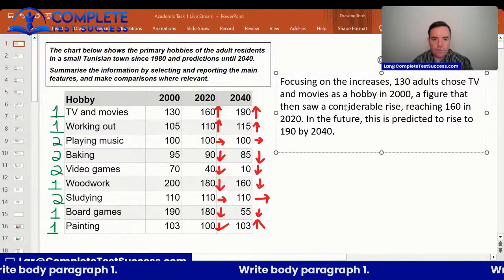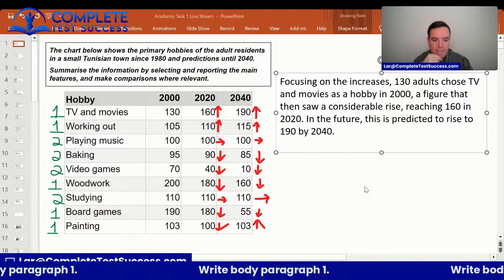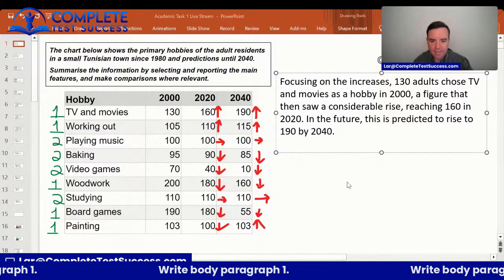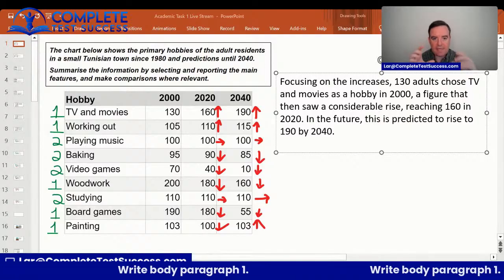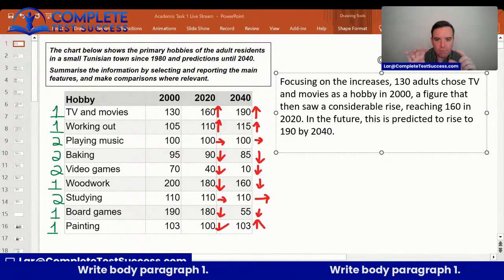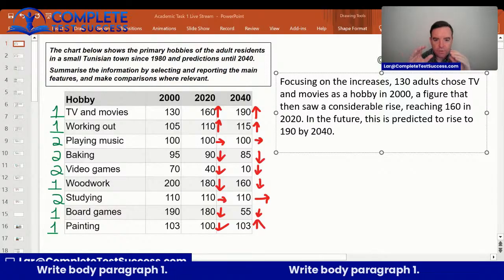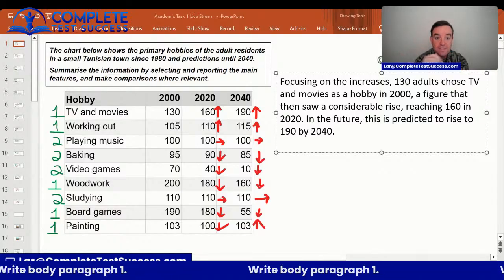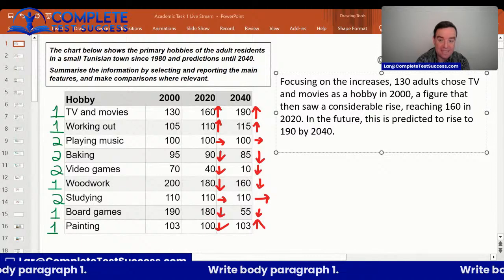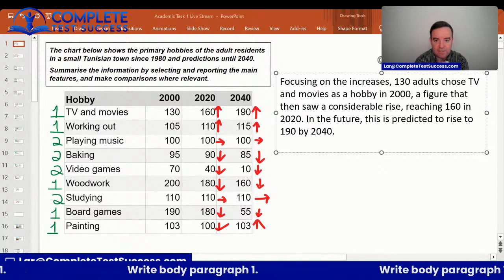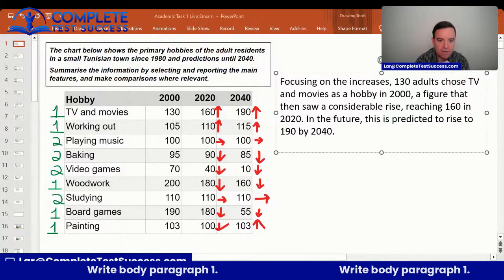One thing I would worry about when I see this, though, is we have to write about 9 categories. And if we write that many words for every category, it's going to be very challenging to finish that essay in the 20 minutes that we're given. It's going to be very, very long.